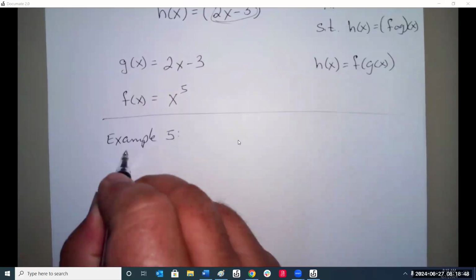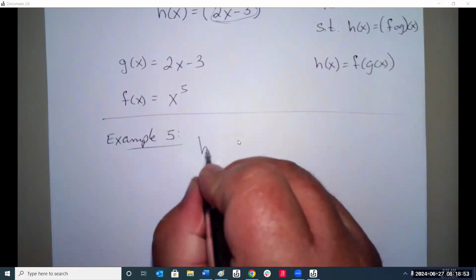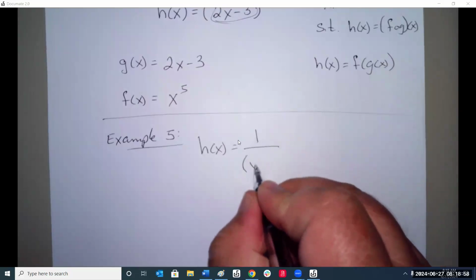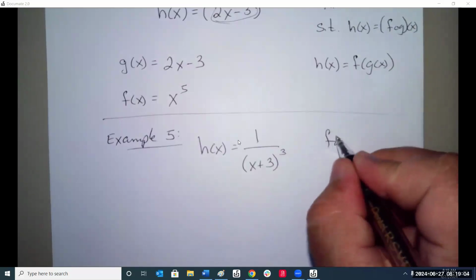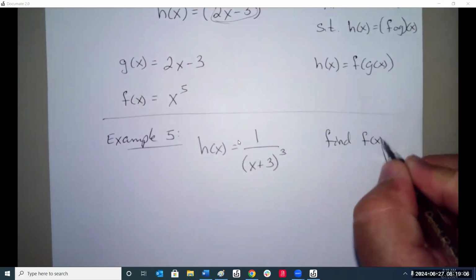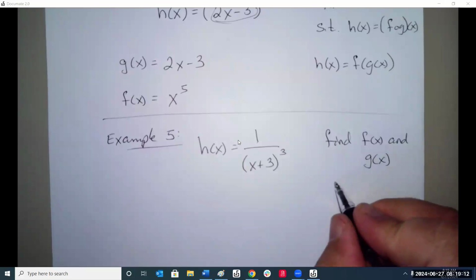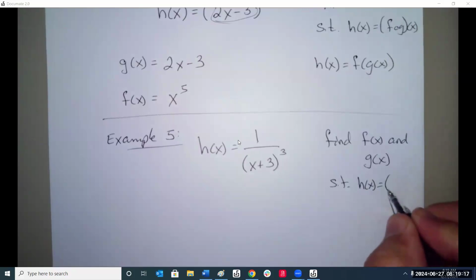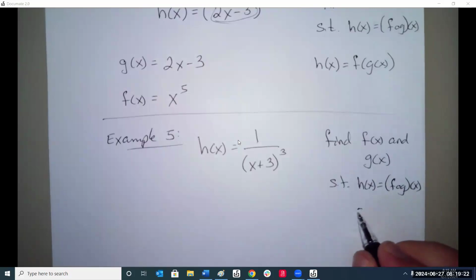Example 5. If h of x is equal to 1 over x plus 3 cubed, find f of x and g of x such that h of x is f o g, which means f of g of x.